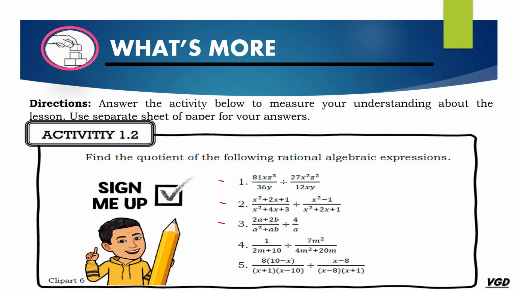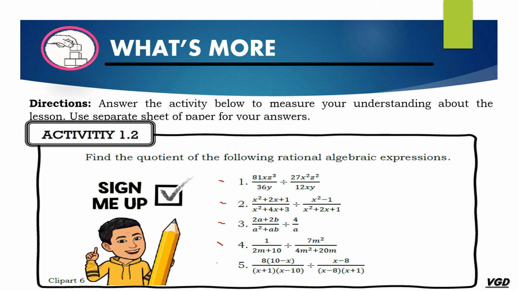For number 3, we have 2a plus 2b over a squared plus ab divided by 4 over a. Number 4, we have 1 over 2m plus 10 divided by 7m squared over 4m squared plus 20m.